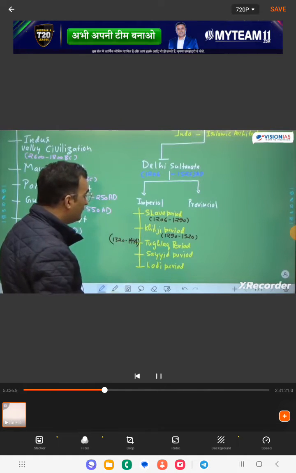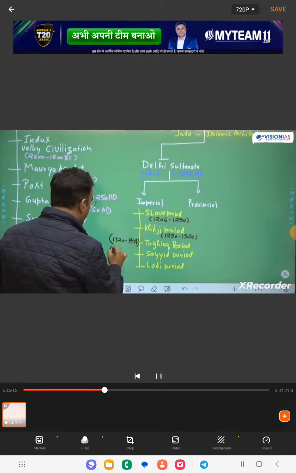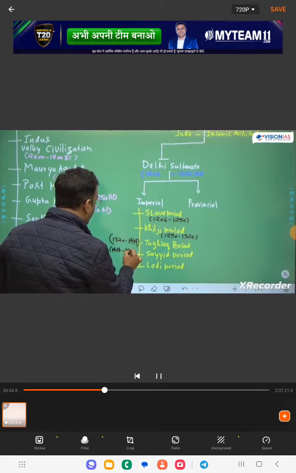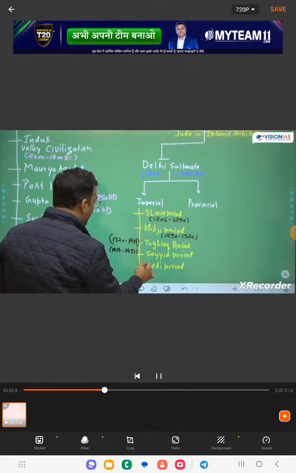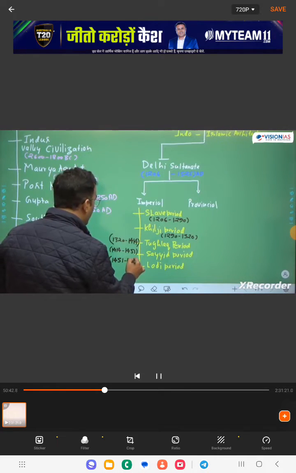And the Sayyid period is 1414 to 1451, and the last one, Lodhi, 1451 to 1526.